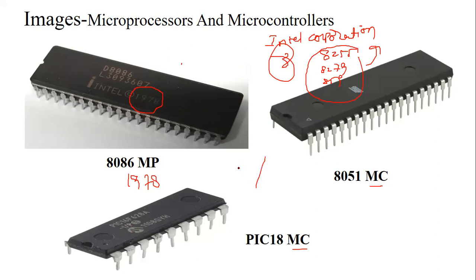The first is the microprocessor and the second is the microcontroller. Whether it is a PIC18 controller or an 8051 microcontroller, it can perform the same things. So you can categorize into two ways, microprocessor and microcontroller. What is the difference between them, and which one has more advantages when compared?